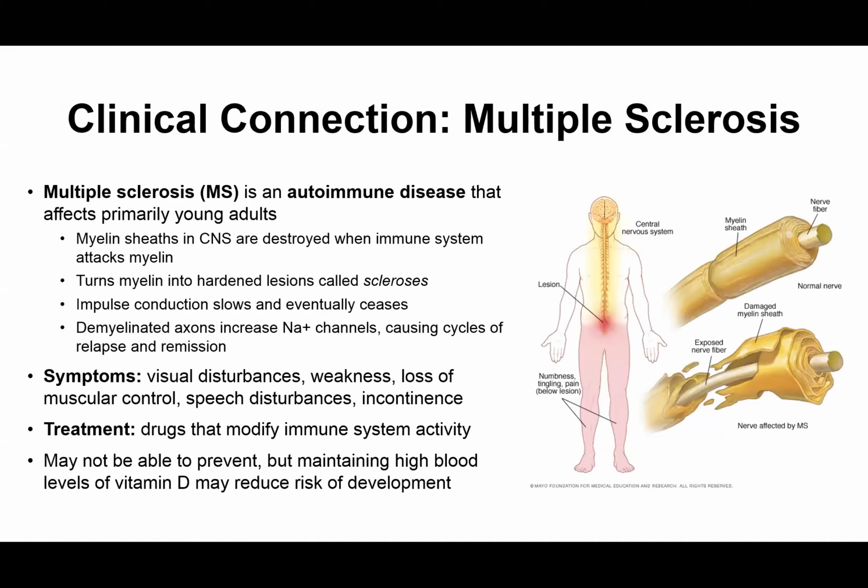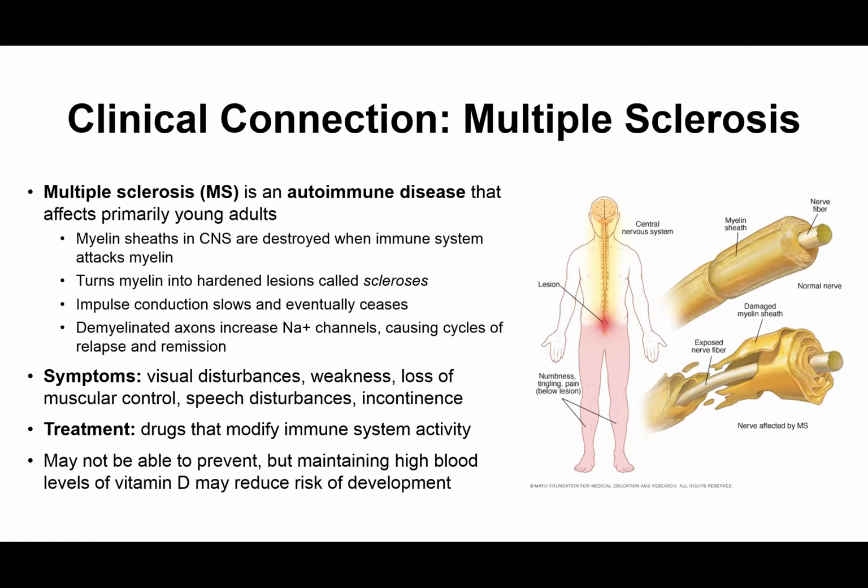So let's talk about why it matters how fast an action potential moves along the length of the axon. We're going to talk about it in a clinical way and connect it to a disease called multiple sclerosis, often just called MS for short. MS is an autoimmune disease.